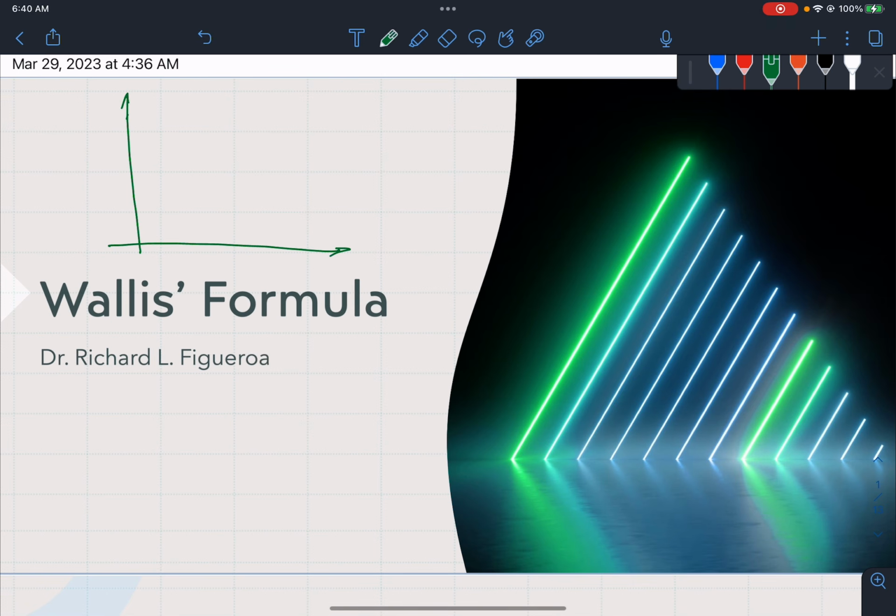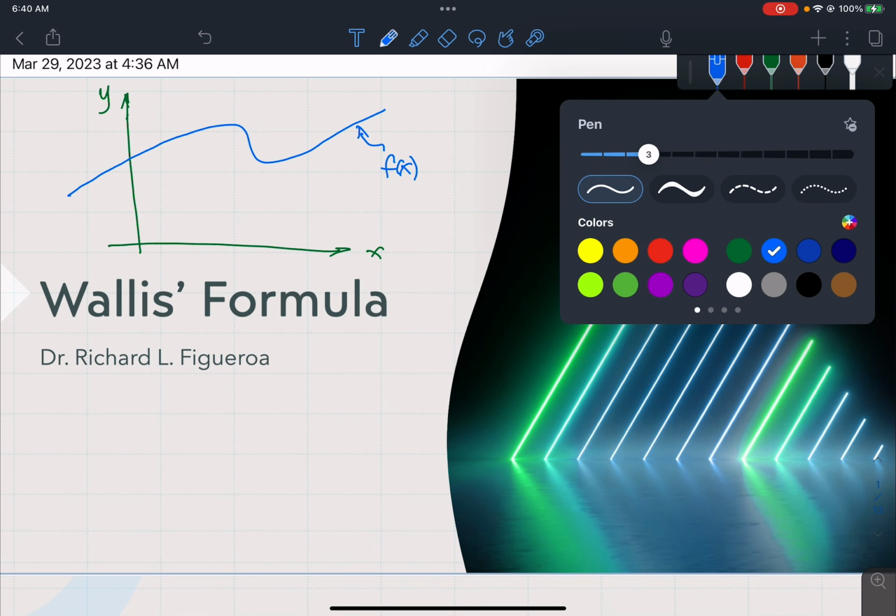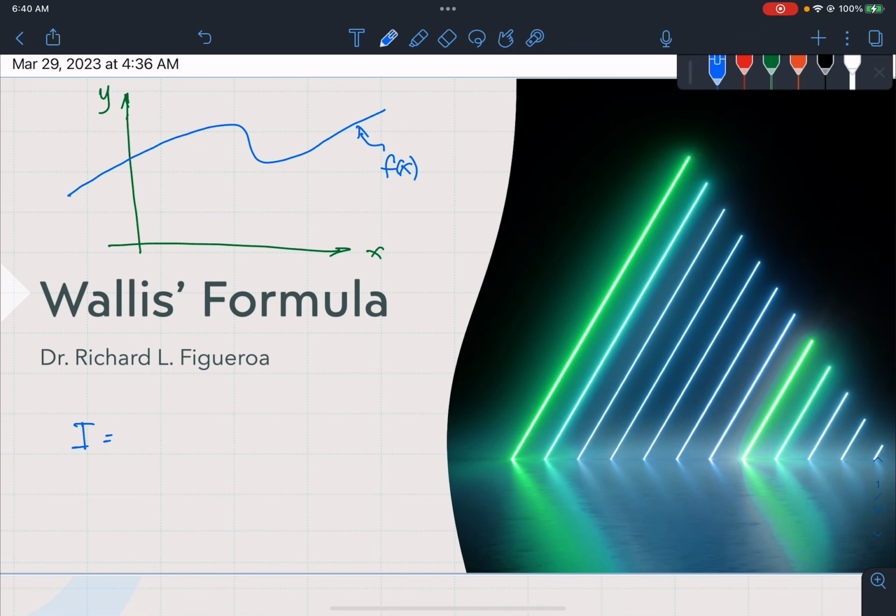Let's say we are given the x and y coordinates, and we want to find the integral of a certain function whose graph would look like this. Let's say this is an f of x graph. In indefinite integral, to find the integral of that, we simply find the integral of the given function of x with respect to x, and that is what we refer to as the indefinite integral.